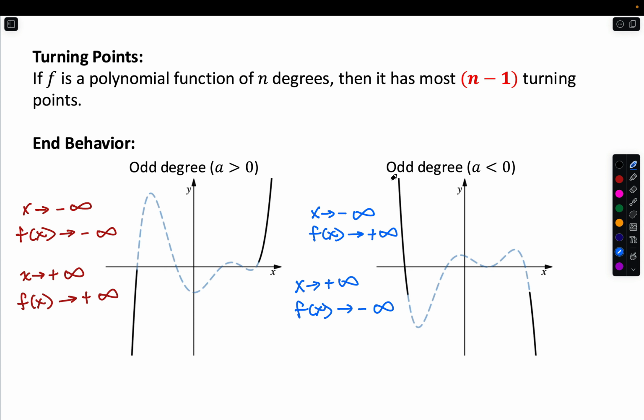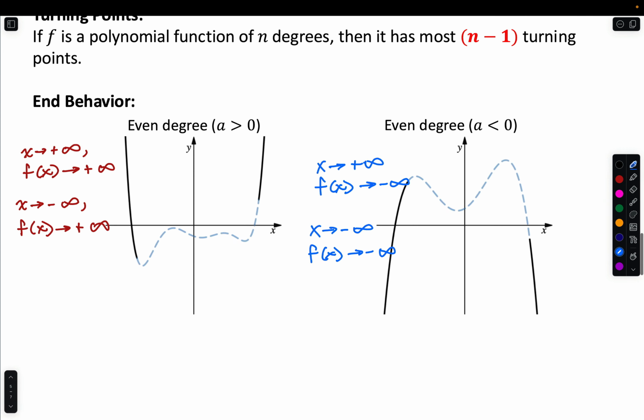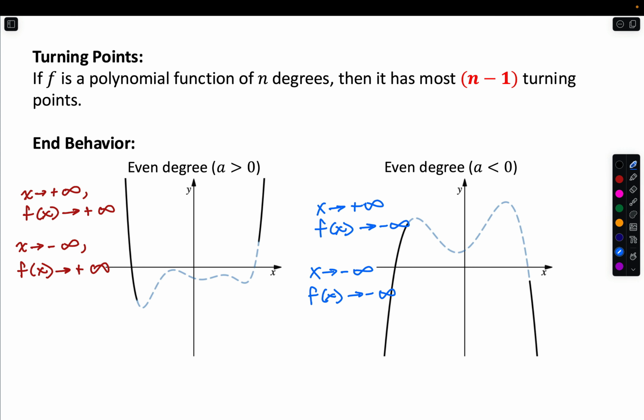So notice it goes high to low. It starts high, ends low. This starts low, ends high. And that is true for odd degree polynomials. They start and end in opposite directions, whereas for even degree polynomials, they start and end in the same direction. And whether it's up or down is dependent on the leading coefficient.